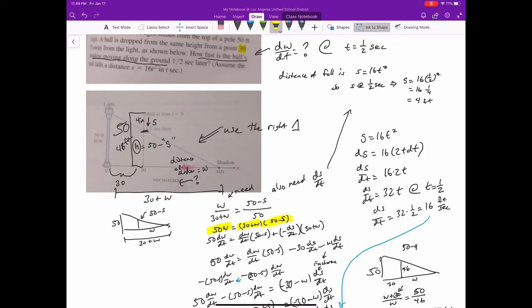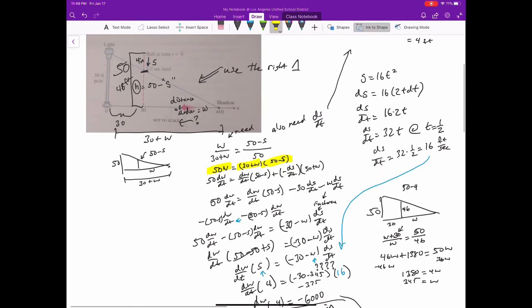And in order to get to dW, we're going to have to take the derivative. On the right side, since we're multiplying, we have to use the product rule: derivative of the front, leave the back alone.